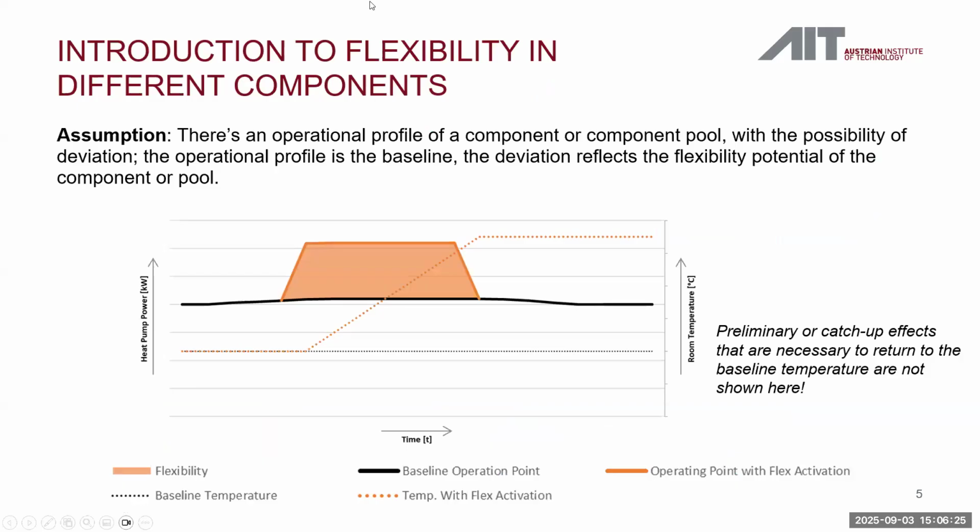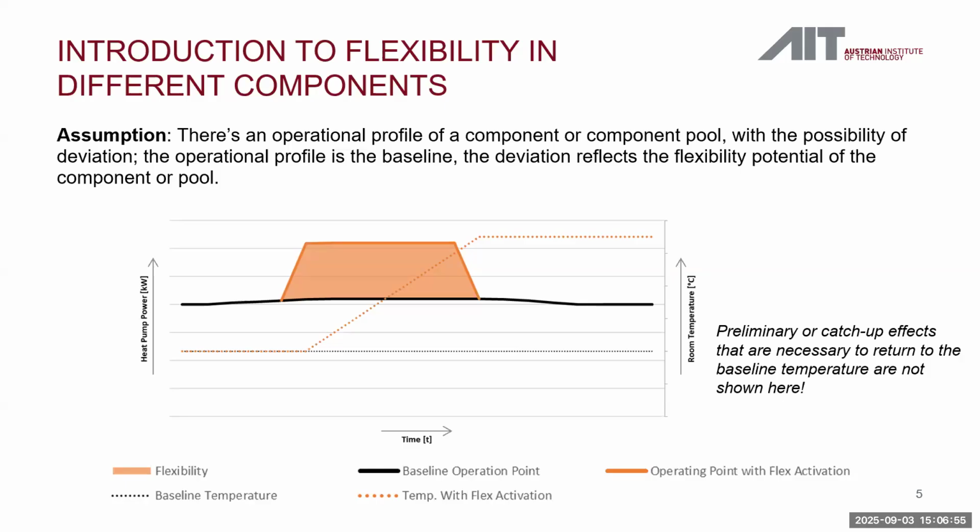What is flexibility in the context of this project? I will illustrate it quickly with this example, an illustration of a heat pump operational profile. The black bold line is the normal operation, the set point the heat pump operates to keep the temperature at a certain room temperature level, which is the black dotted line.